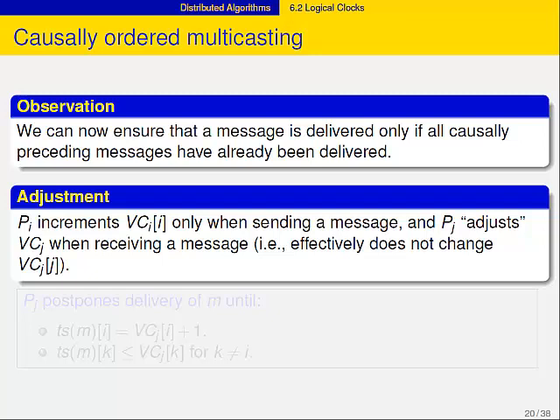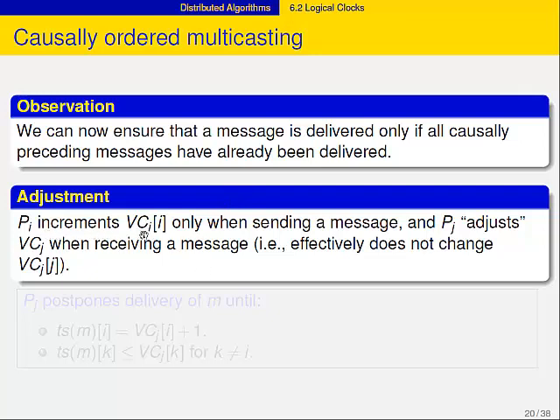But you're very close. So now, having this, we can actually ensure that a message is delivered only if all causally preceding messages have already been delivered. And I should say potentially causally preceding. I'll come back to potential in just a minute. So I make this small adjustment now.